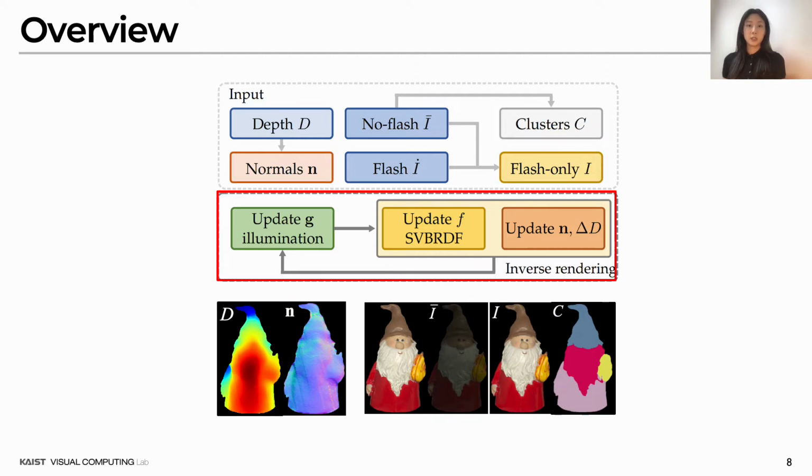The optimization is done in two steps. First, we estimate environment illumination, assuming the no-flash image is taken under diffuse ambient light. Then, under this illumination, we jointly optimize SVBRDF and geometry-related parameters.